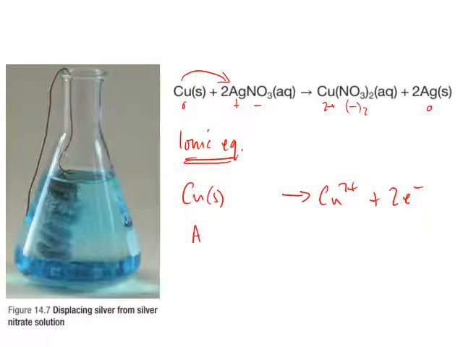Our silver, we've actually got 2 silver atoms. So we have 2 silver ions, plus electrons, forming 2 silver atoms. Let's put solid here, and aqueous.